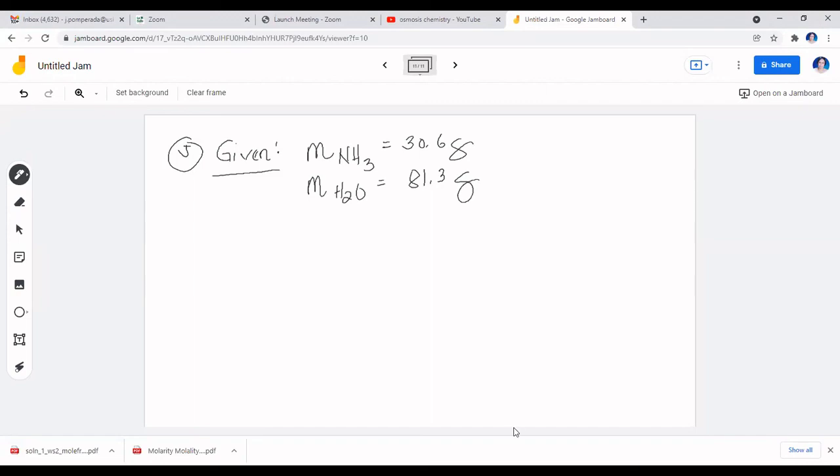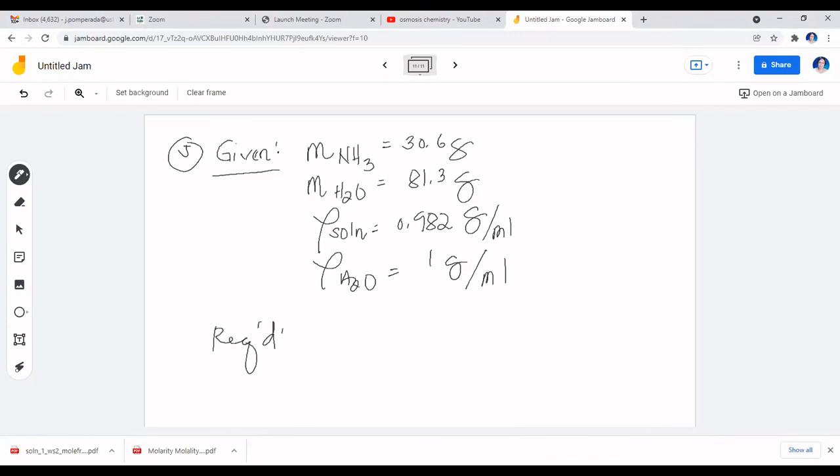Then, in the last statement, it says the density of the solution is 0.982 gram per ml or kilogram per liter. Density of water is 1 gram per ml. Now, what are you required? Mole fraction, molarity, and molality.